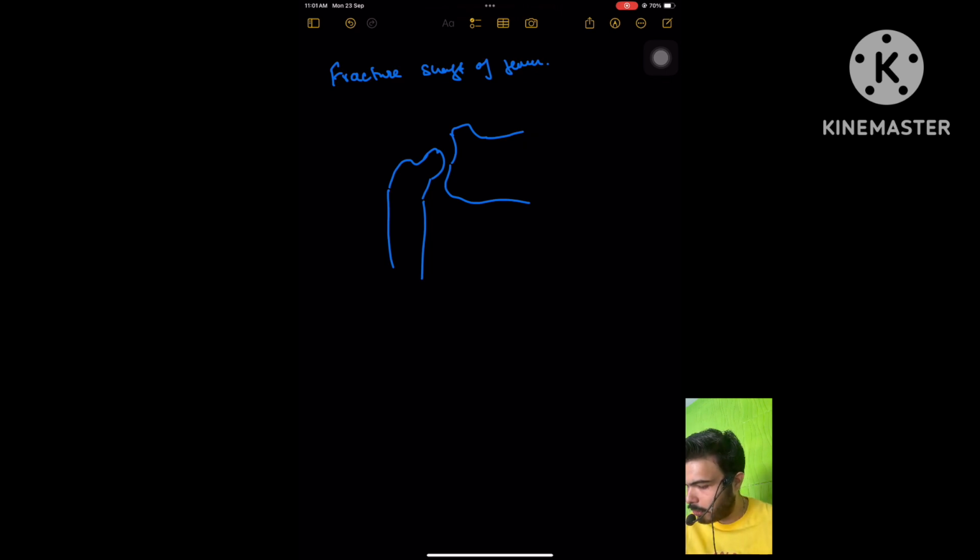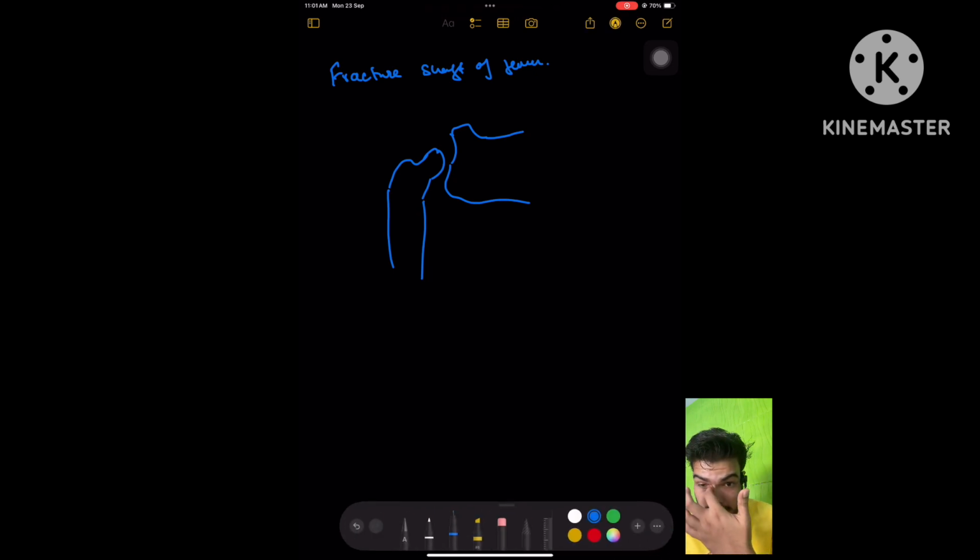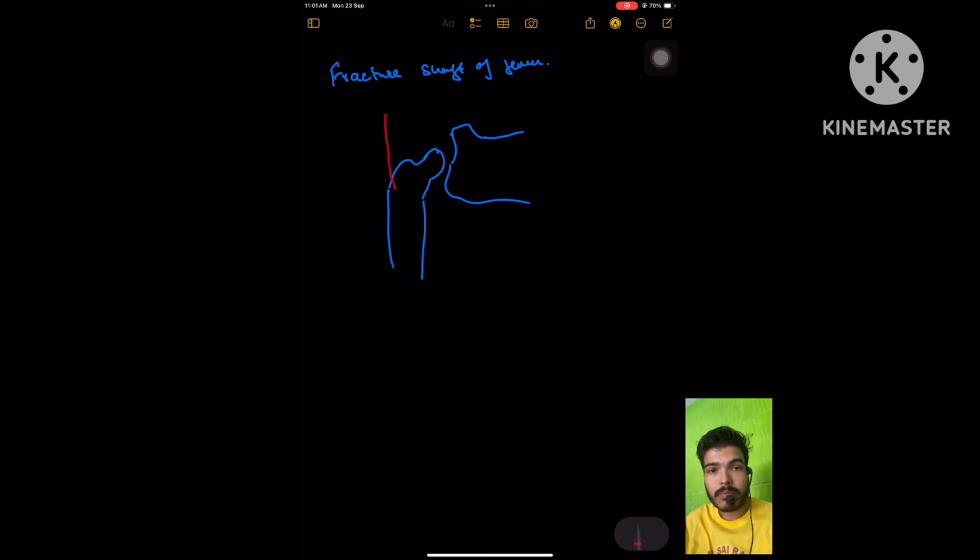Whenever we talk about the fracture of the shaft of the femur, what is the attitude? The attitude is very important for us to understand. Remember, similar to our hand, where we have our deltoid, which is responsible for abduction, similarly one of the abductors is attached to the upper part of your femur.